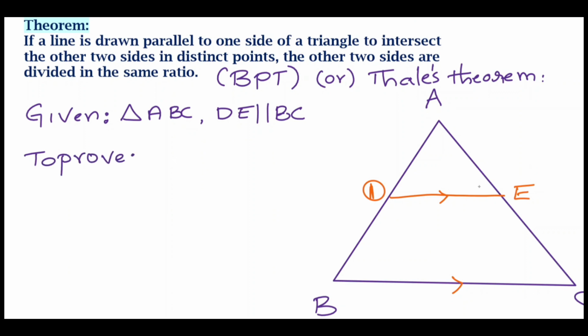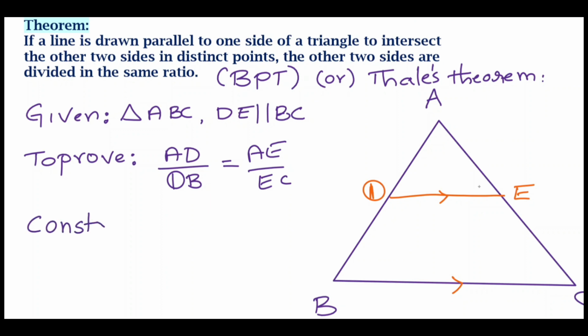To prove: AD by DB is equal to AE by EC. For proving this, I'm going to use the area of triangle concept. If you want to calculate area, we require the height, so I'm going to do the construction.